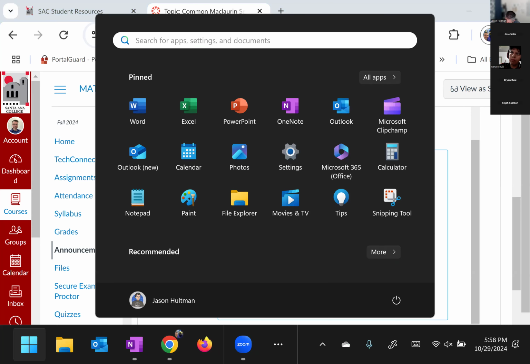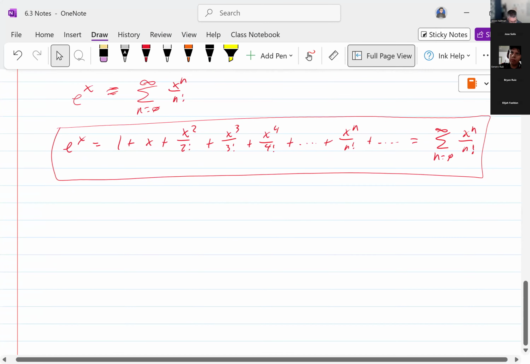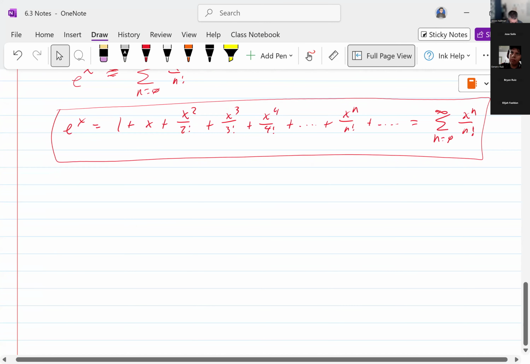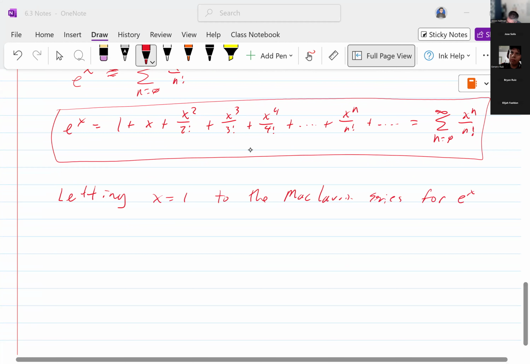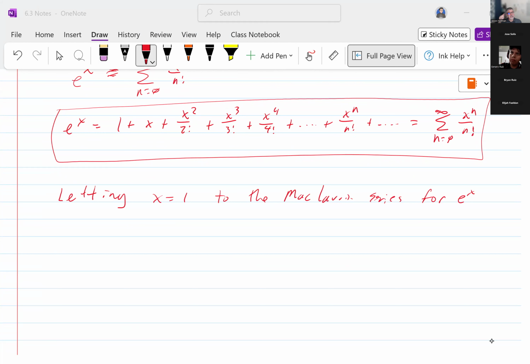Okay, let's go back to the notes. Letting x equal 1 in the Maclaurin series for e to the x gives us a way to find successive approximations of e.